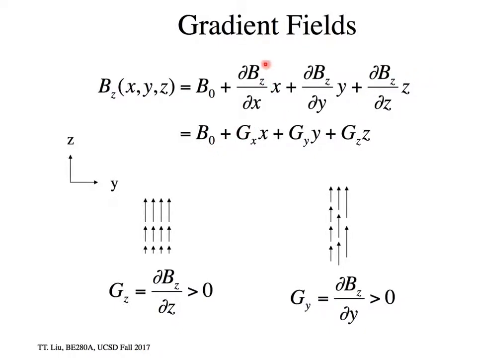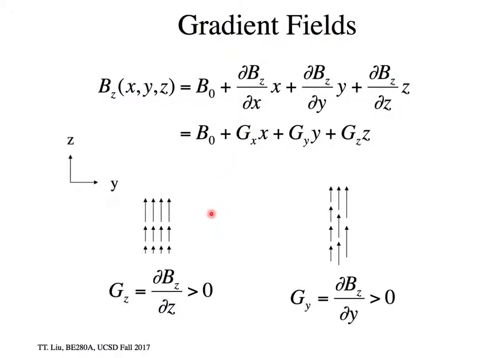Usually we just shorten the notation such that this is understood to be represented by G sub X. So B naught plus G sub X times X, G sub Y times Y. That's this equation written just as the gradient value. This is just a scalar number, so you can give it a simple notation.